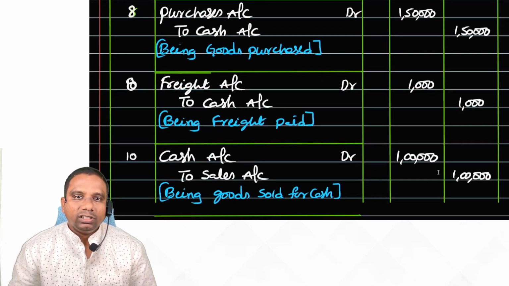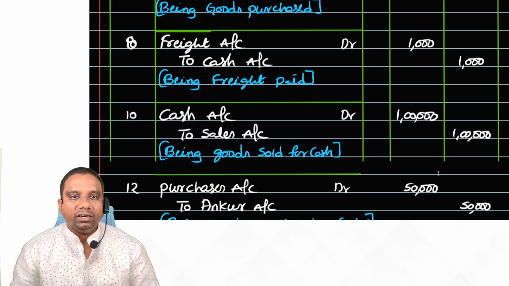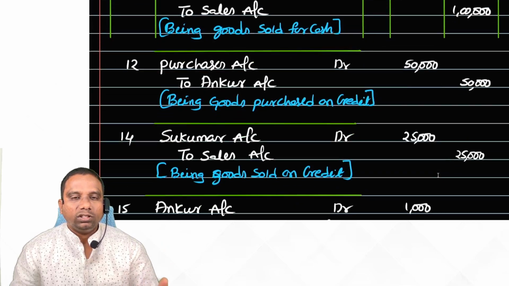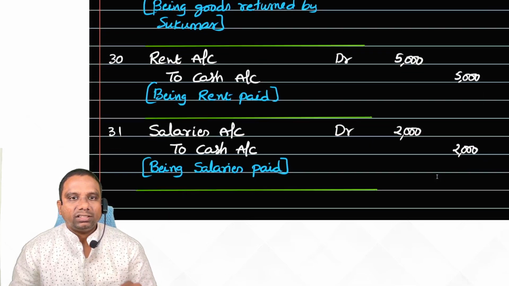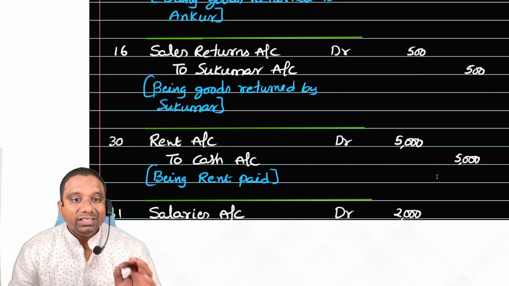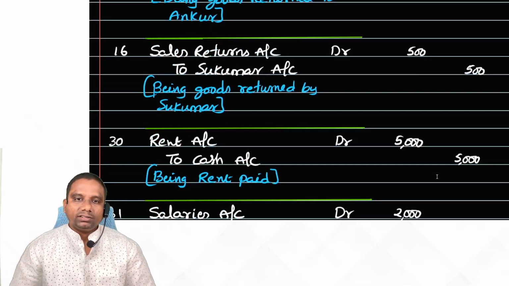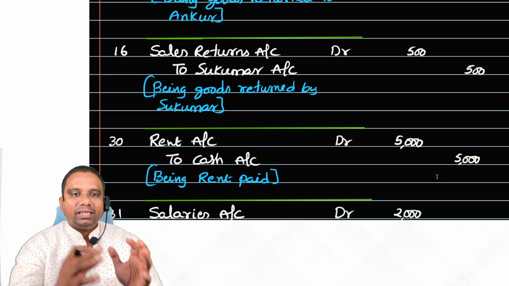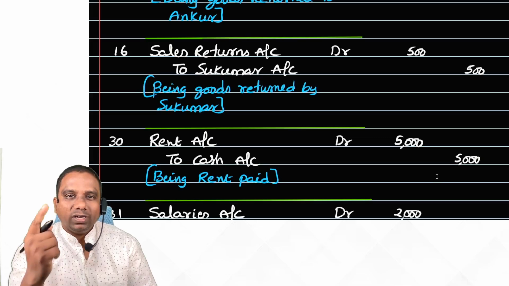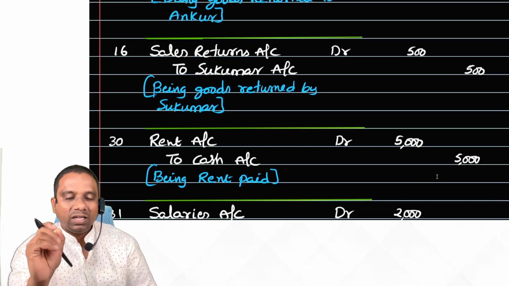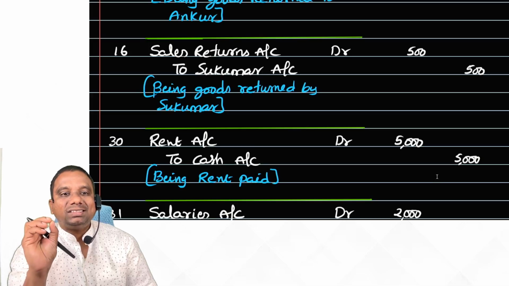Next, freight account debit, cash account credit. Simple entry. The 10th also, simple entry. The 12th date also, simple entry. 14th, 15th, 16th, 30th, 31st. These are called simple entries. It means an entry contains only two accounts, one account debit, one account credit.